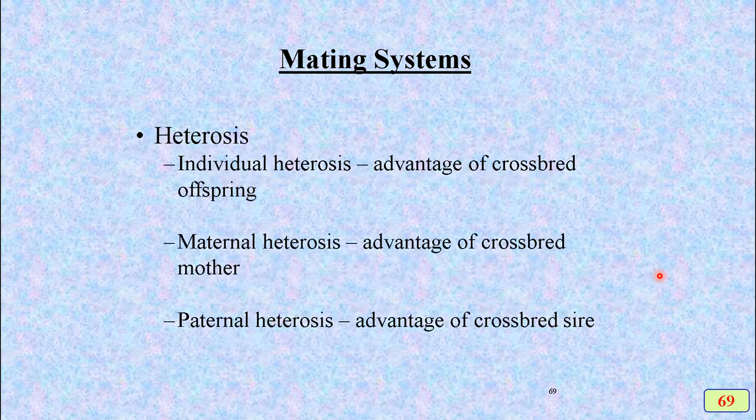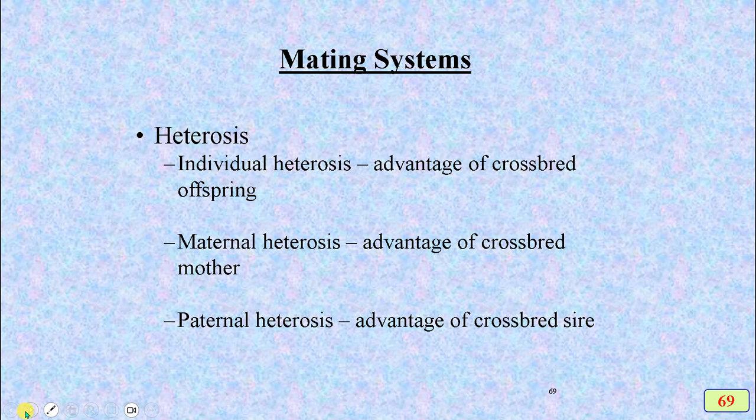Then heterosis, as usual: individual heterosis, the advantage of the crossbred offspring. Then maternal heterosis, the advantage of crossbred mothers. Then paternal heterosis, the advantage of a crossbred, very good quality sire.